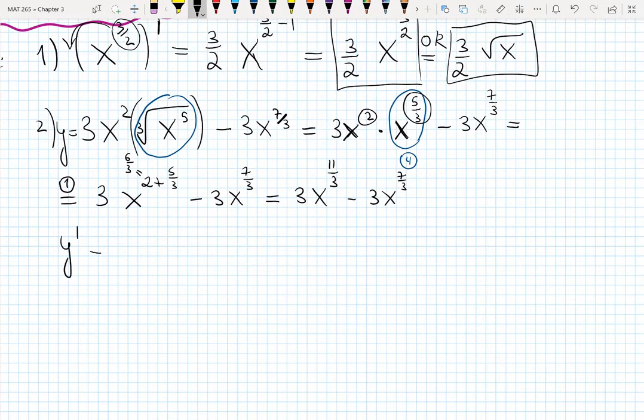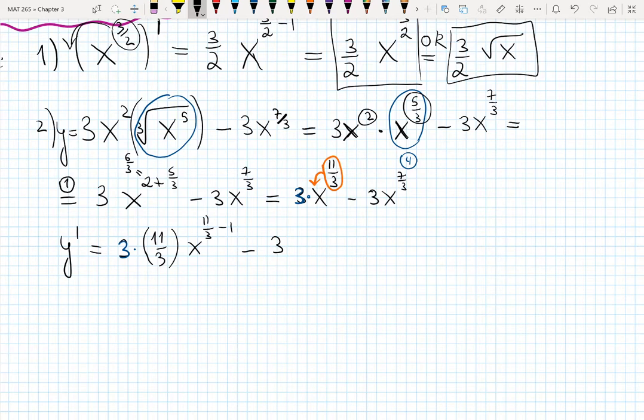Then y prime will be, let's see what is happening here. 3 stays because that's a constant multiplied by the function, so you just copy it. Now, I will take the orange color. This exponent goes down, so we will have 11/3 x to the, and now you have to decrease it by 1. 11/3 minus 1.